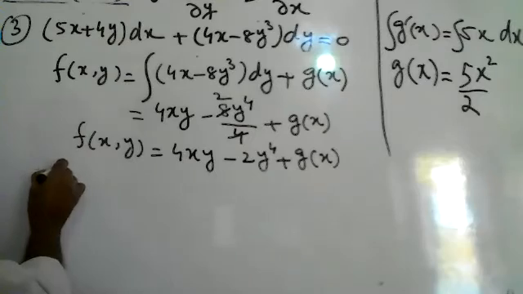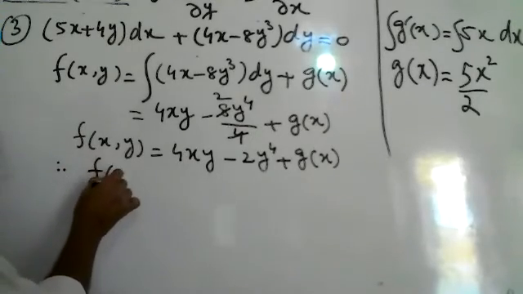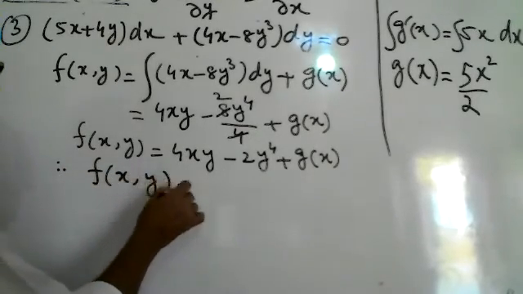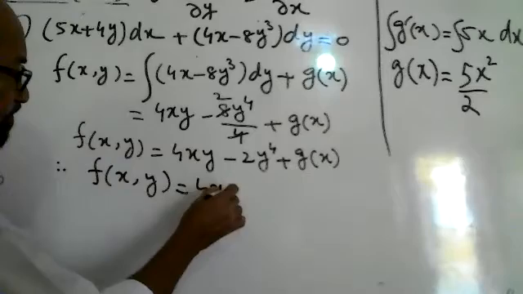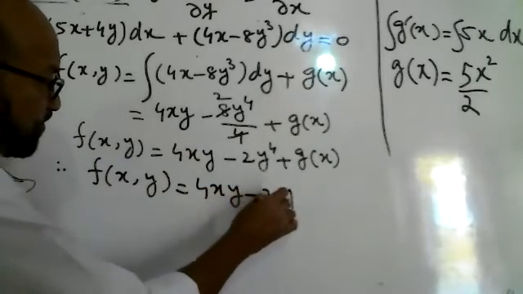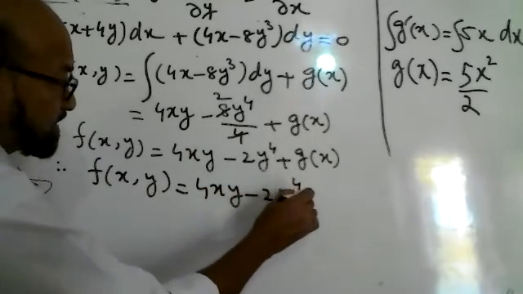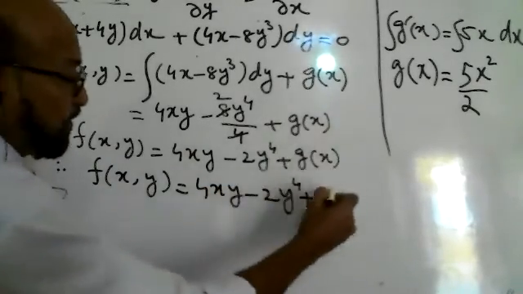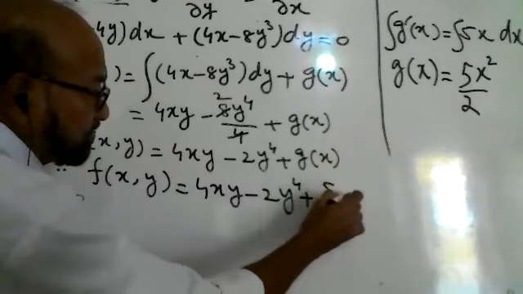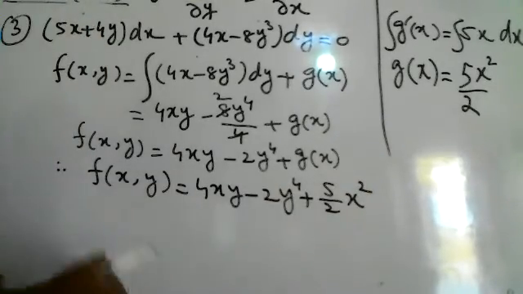Therefore, f of xy is equal to 4xy minus 2y4 plus g of x, which is 5 upon 2 x square. This is f of xy.